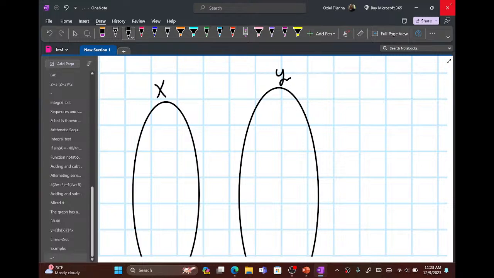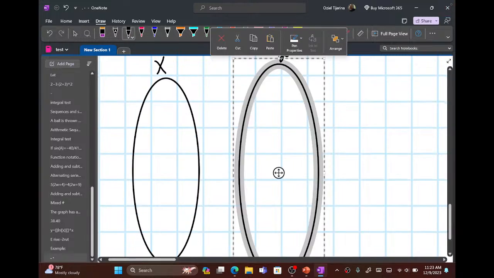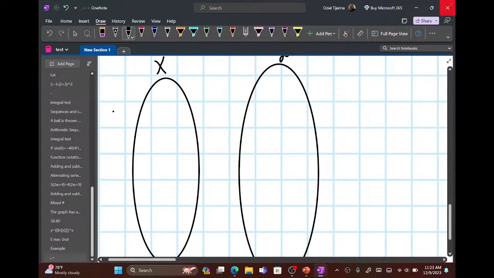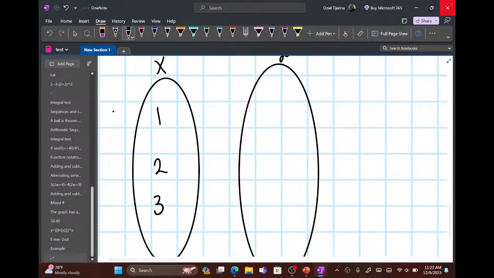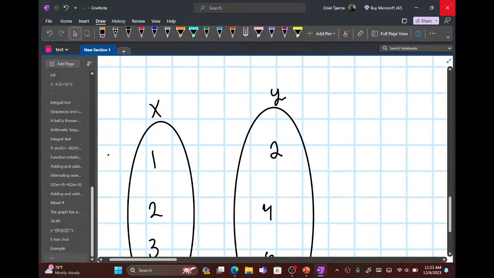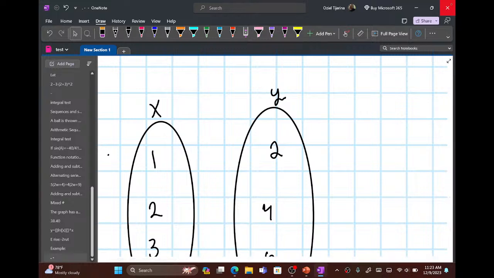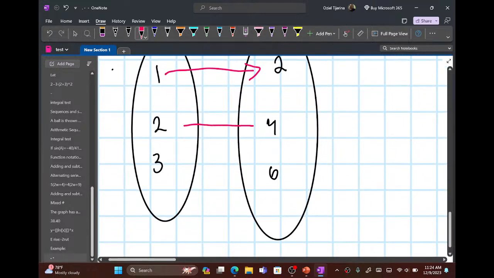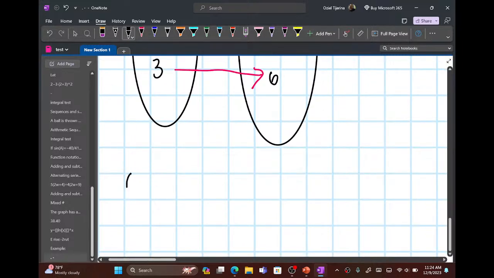Let's say we have a list of numbers 1, 2, 3, and we have 2, 4, 6. I'm just going to do a very simple example. The 1 can be paired to 2, the 2 can be paired to 4, and the 3 can be paired to 6.